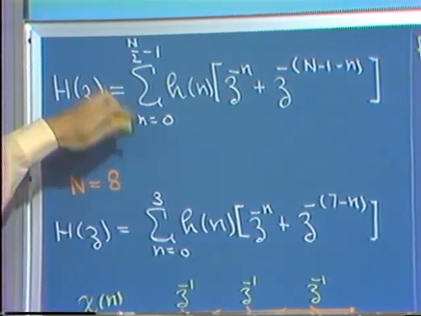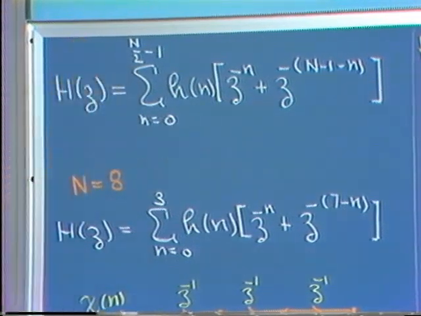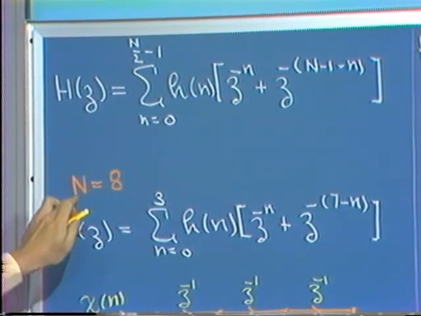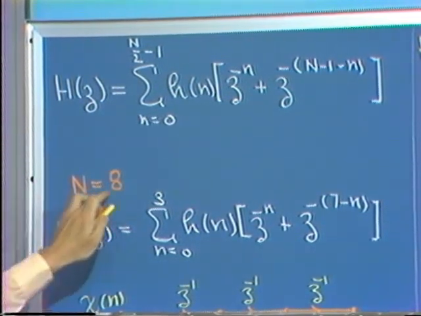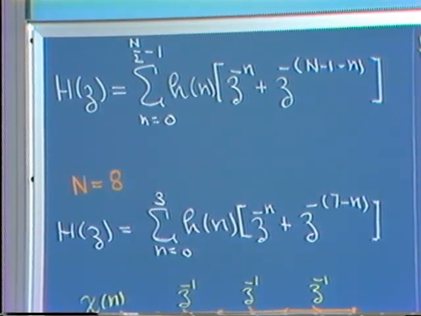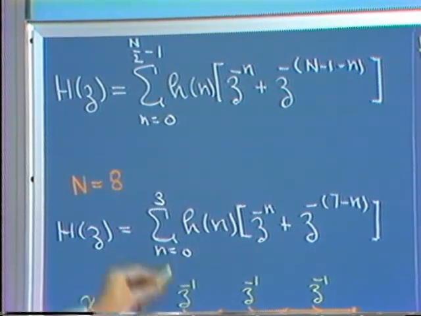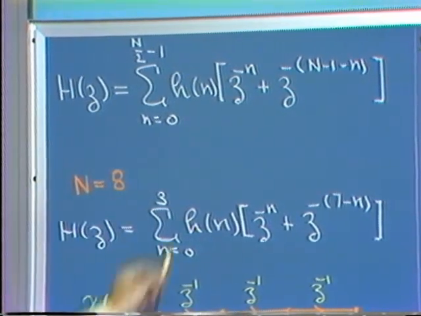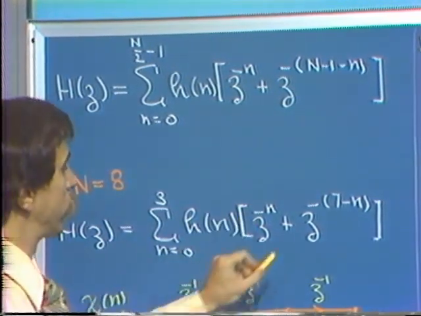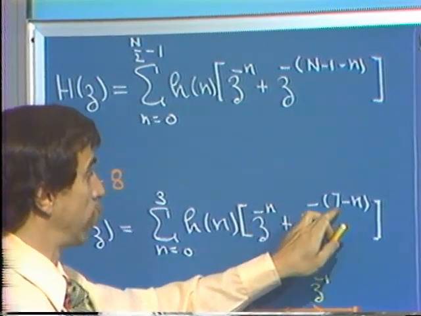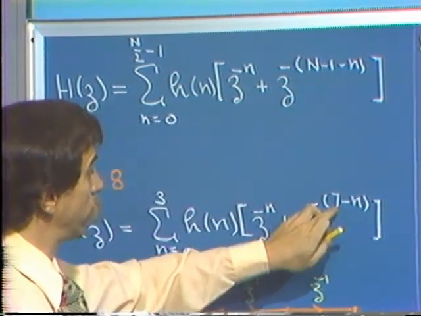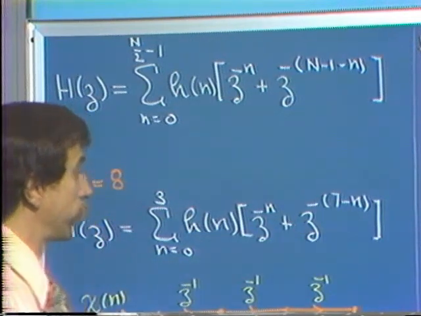For example, I had assumed that capital N was even. So let's choose as an example capital N equal to 8, in which case this expression becomes a sum from n equals 0 to 3, h of n, z to the minus n plus z to the minus capital N minus 1, which is 7, so minus 7 minus n.